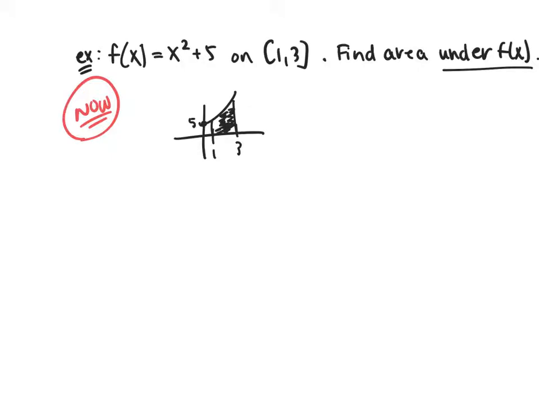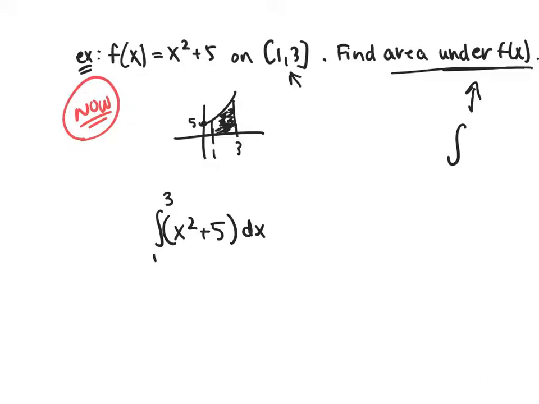But from here, we can now use the fundamental theorem of calculus. And that says all we have to do to find the area under a curve is to integrate between these values. So in this case, we're going to integrate from 1 to 3, and we're going to put our function there: x squared plus 5, and we've got to put the parentheses and the dx.